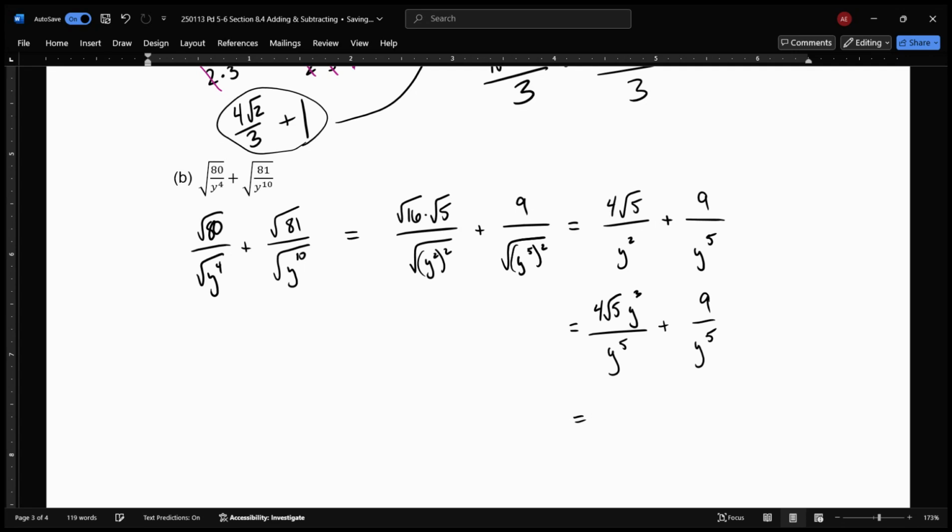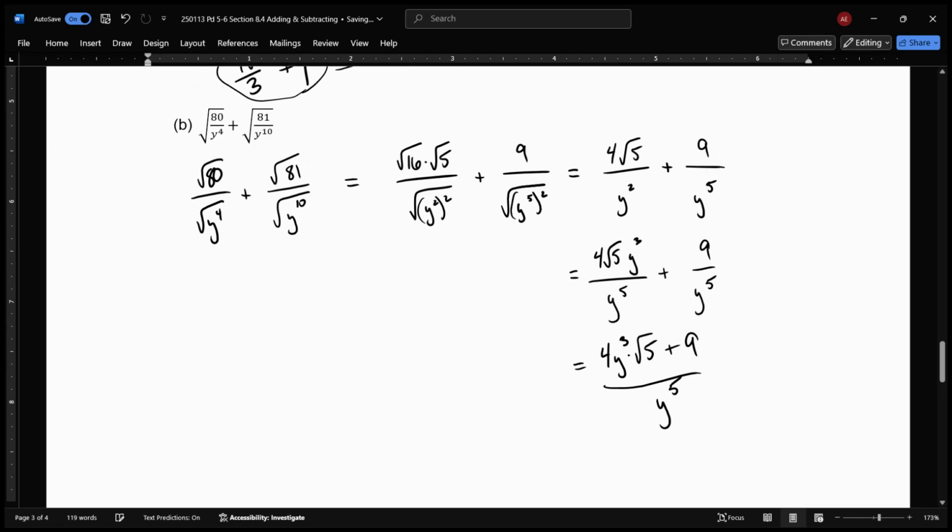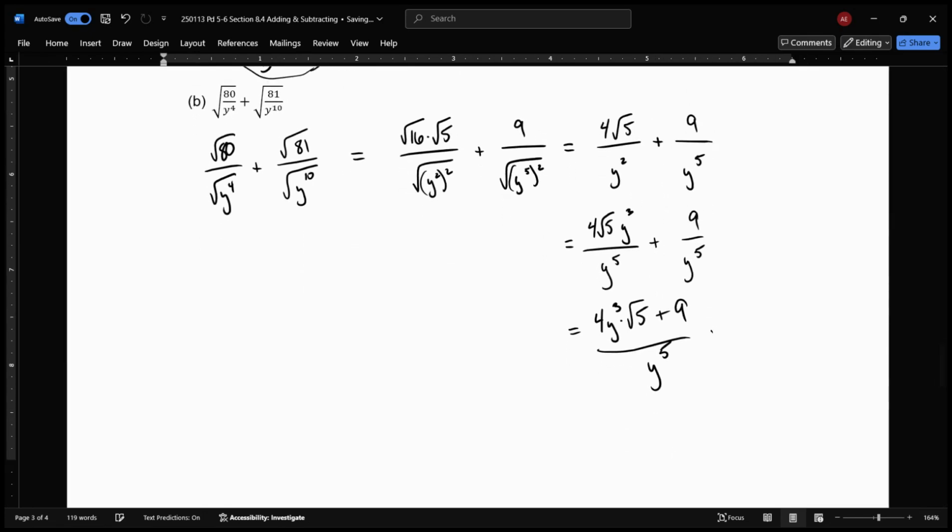Anyway, maybe I would make it 4y cubed times the square root of 5 plus 9 all over y to the 5th. Something to that effect. Or do we have to put the rational before the irrational? I don't know.